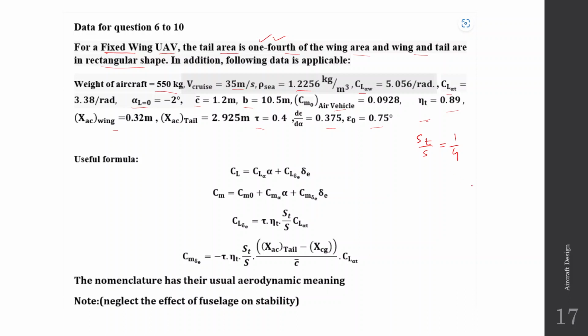Okay, one thing. See, in one more data was missing here. CM alpha of the aircraft, this is -1 per radian. So this is also given, CM alpha.